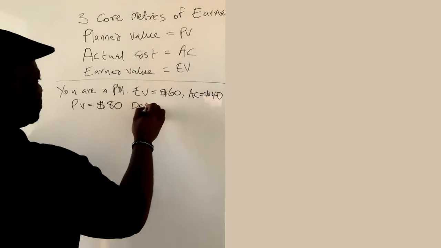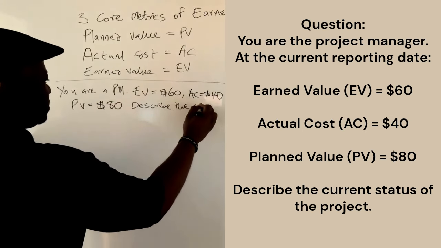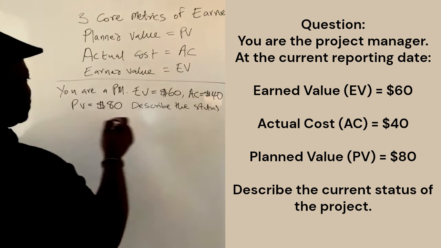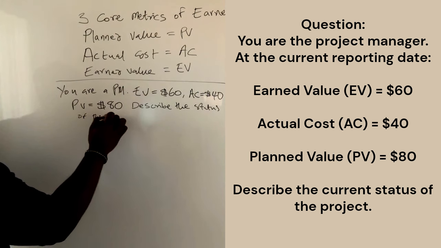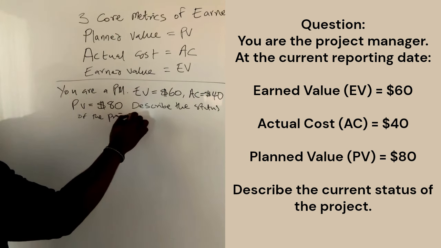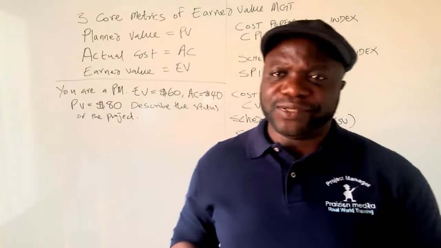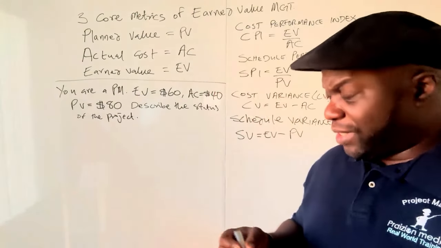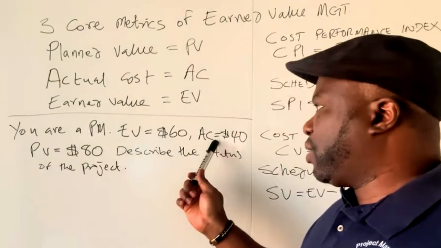Describe the state or status, project status of the project. Now, there's a very quick way you can do this, my friends. And the quickest way to do this is to compare the earned value to the actual cost.